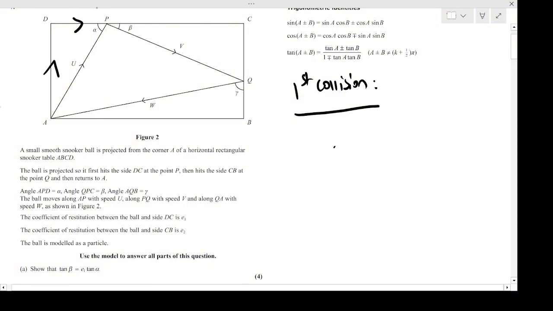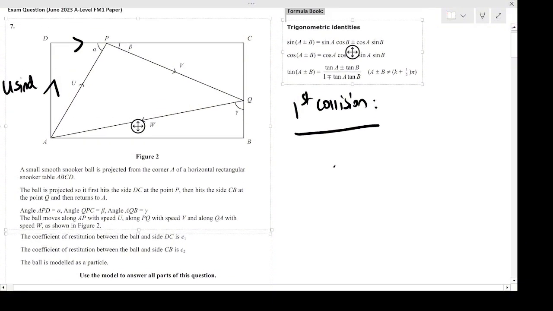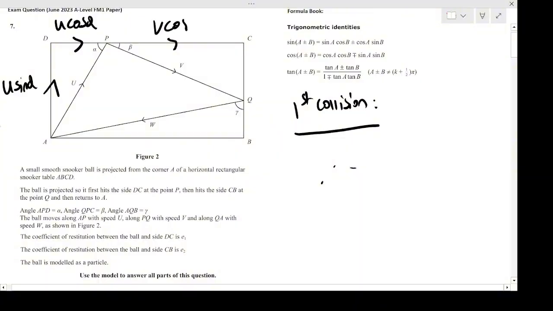So this is going to be U sine alpha because it's opposite the angle alpha there, and then up here it's going to be U cos alpha, right? And then if I resolve the speed afterwards, V here, we're going to go across here, which is going to be V cos beta here, right?